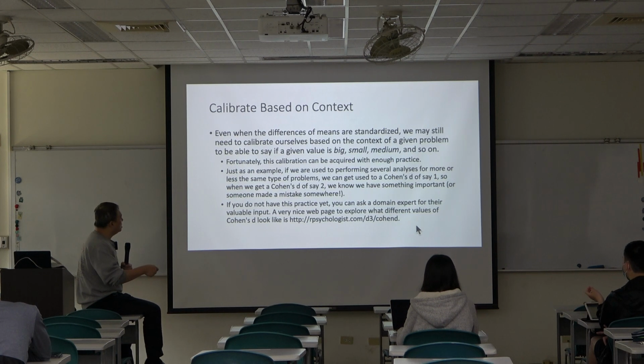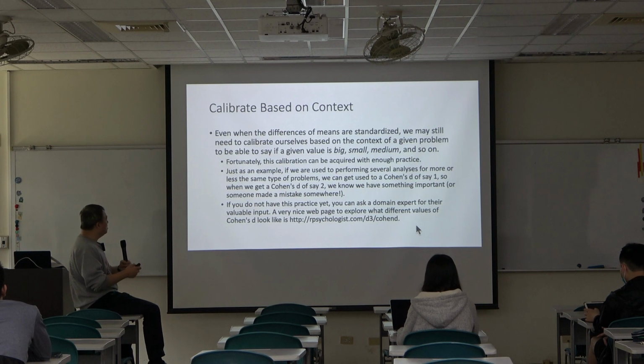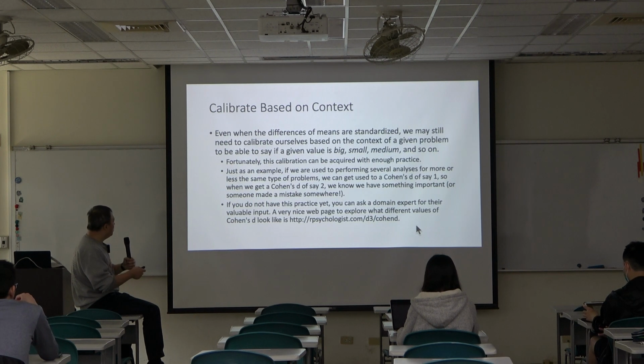This calibration can be acquired with enough practice. For example, if I perform several analyses for more or less the same type of problems, we can get used to a Cohen's D of, for example, 1. So when we get a Cohen's D of 2, then we know we have something important.